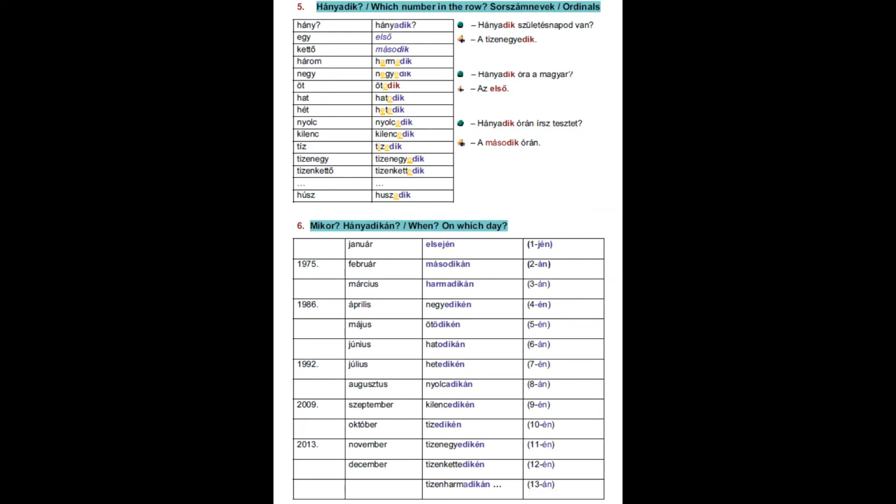Correct. November 11-én. December 12-én.